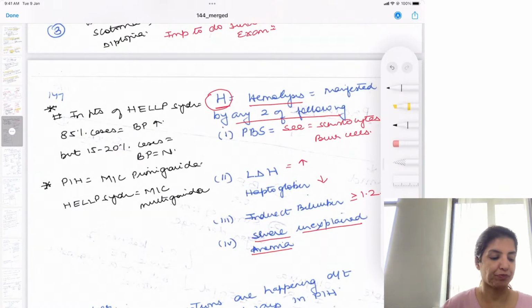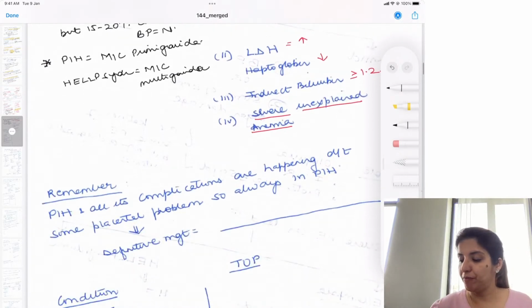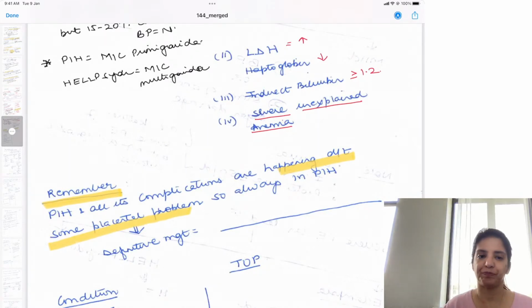Clear? Now, remember, PIH and all the complications which are happening due to PIH, they are happening. Why? Because I told you there is some placental problem, right? So all these complications are happening due to some placental problem.